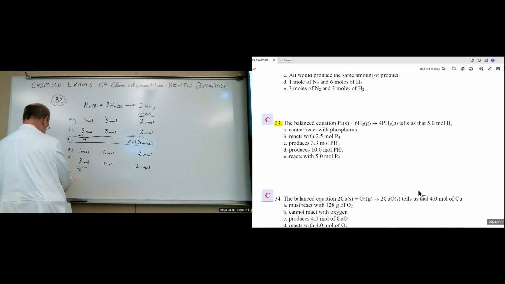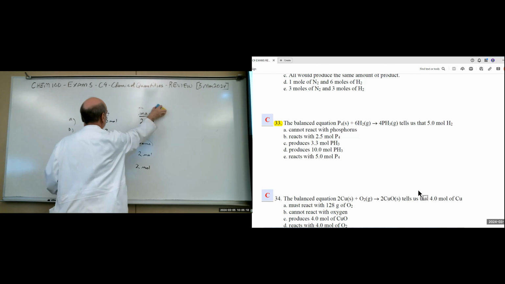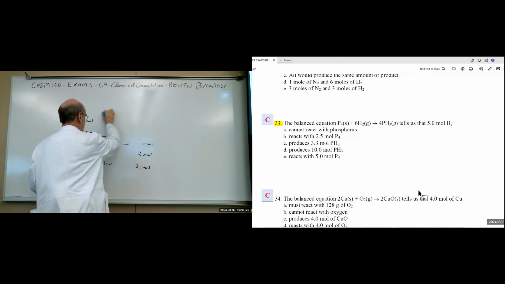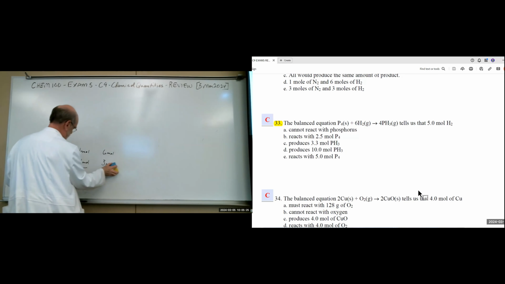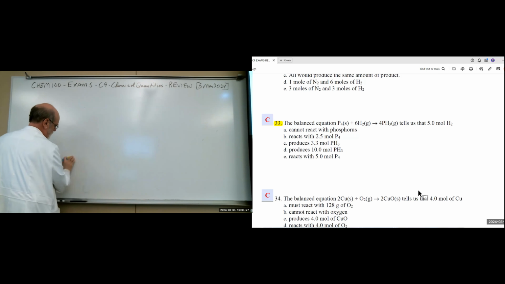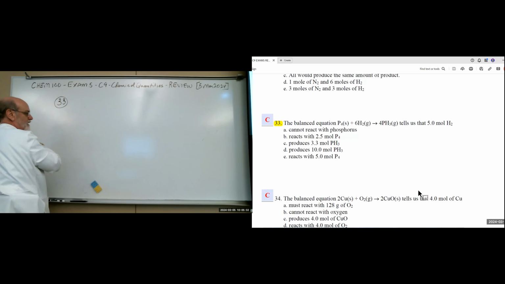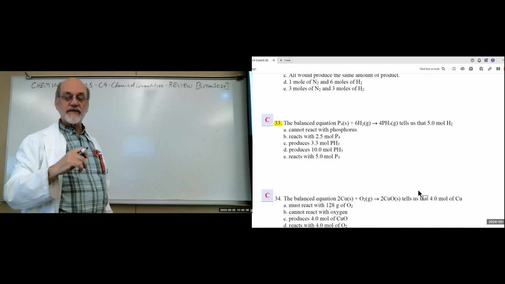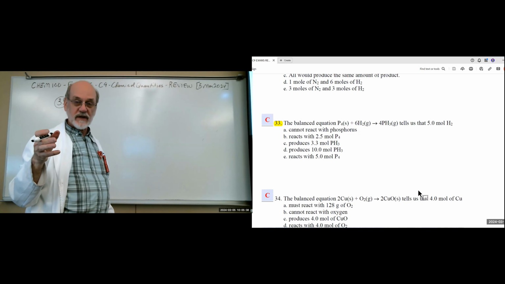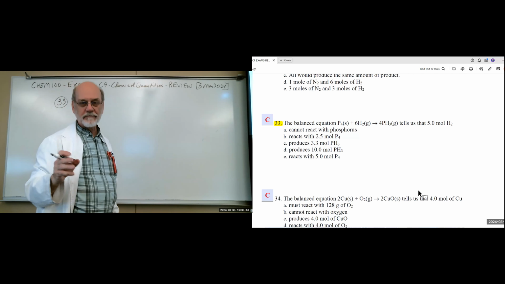Number 33. Okay, the balanced equation P4 solid plus 6 hydrogens yields 4 PH3 tells us that 5 moles of hydrogen, what?